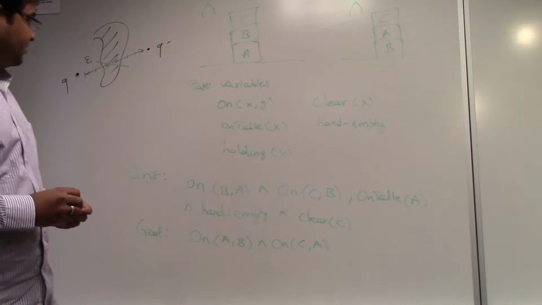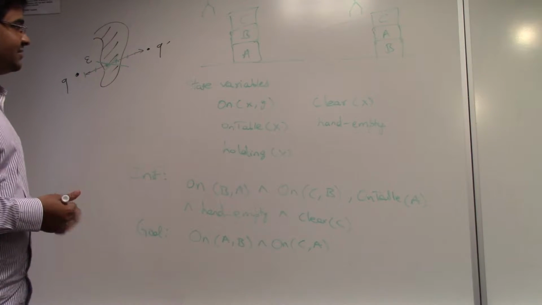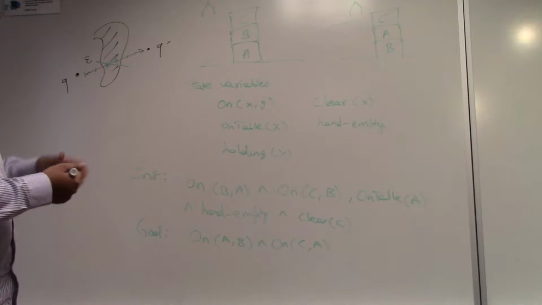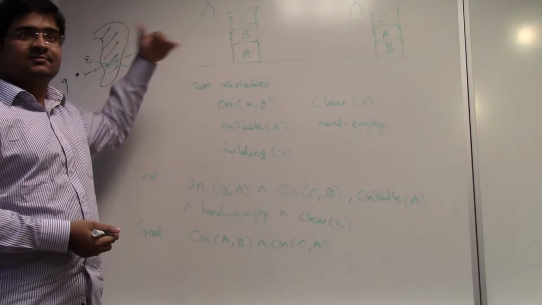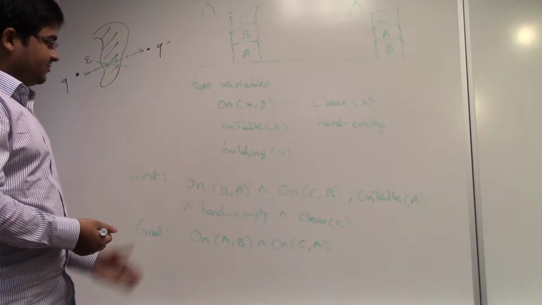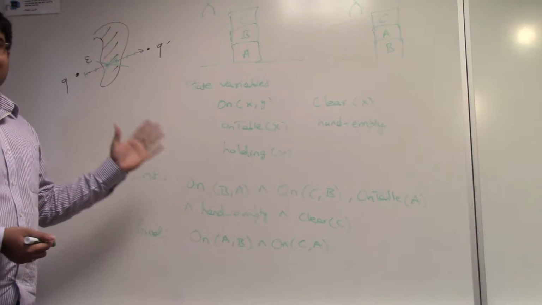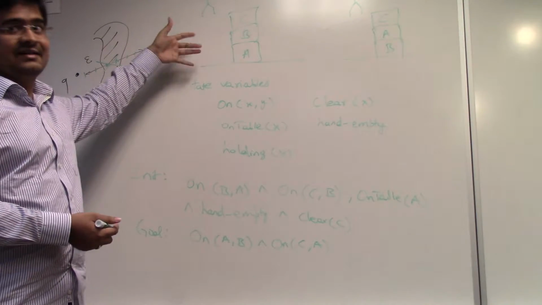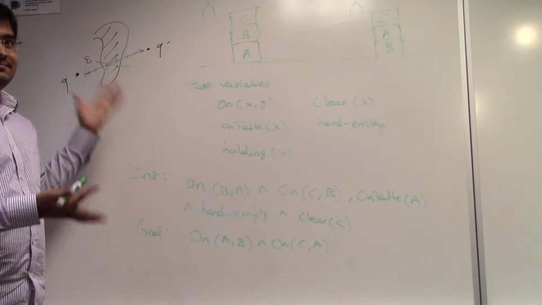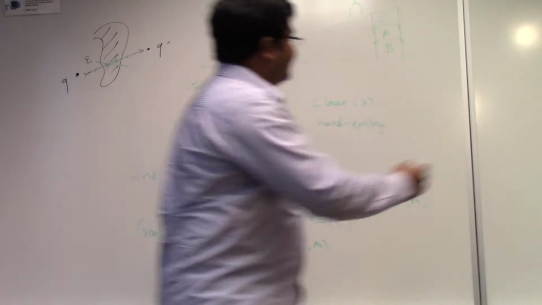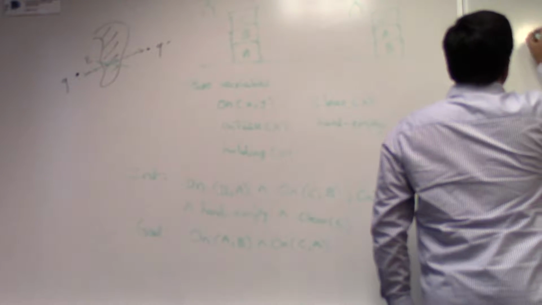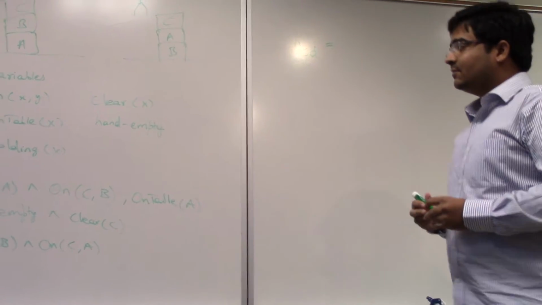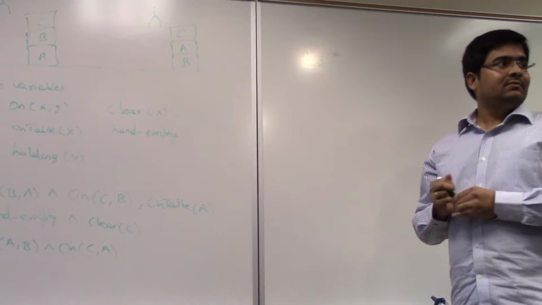Next, let us write heuristics for this state. What is the set difference heuristic for this state? You might remember: how many goal literals are unsatisfied in this state? That is basically the H S. Two.